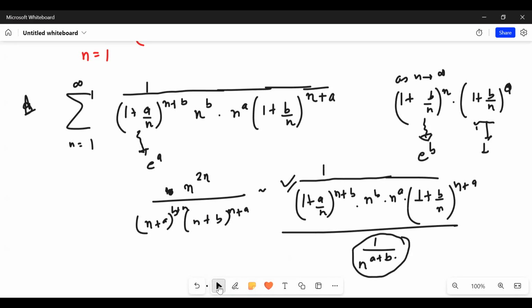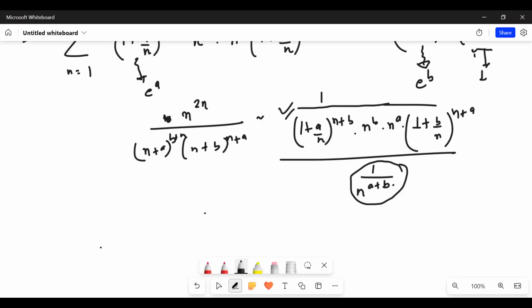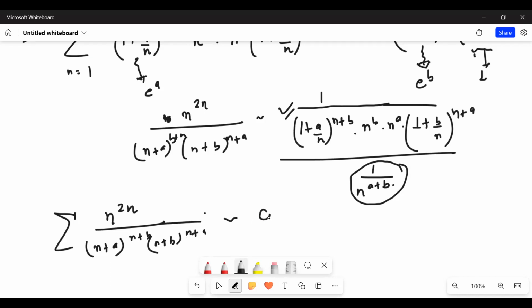So the given series, summation n raised to power 2n upon n plus a raised to power n plus b times n plus b raised to power n plus a, converges only if 1 upon n raised to power a plus b converges, and which will converge only if a plus b is greater than 1.